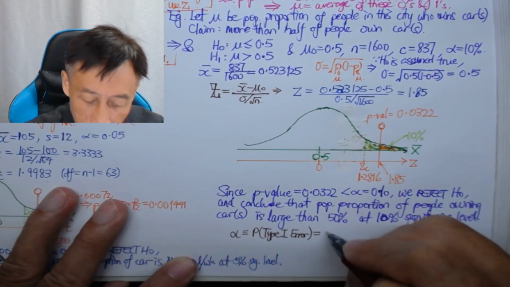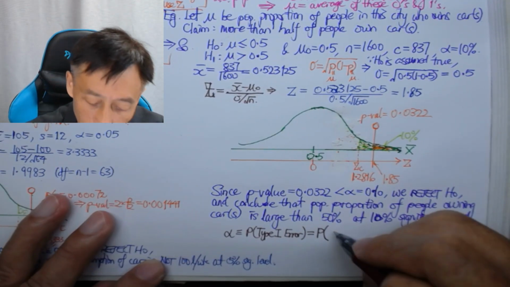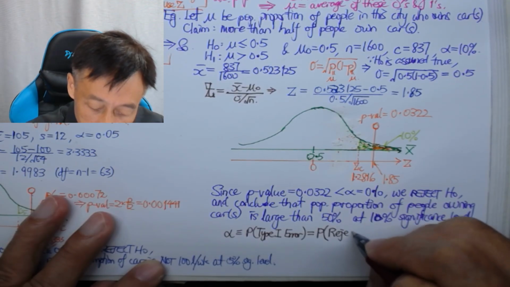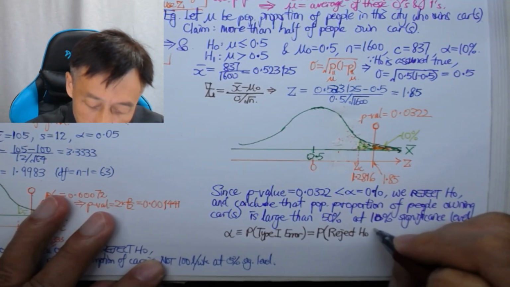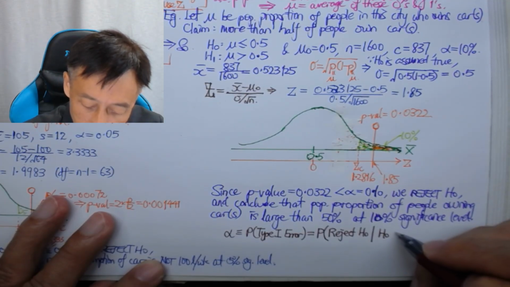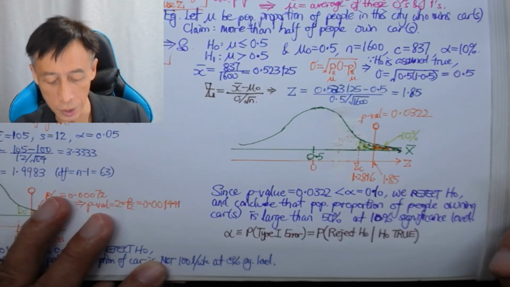The probability of making a type 1 error is that we rejected H naught even when H naught is true, given that H naught is true. So it's a conditional probability.